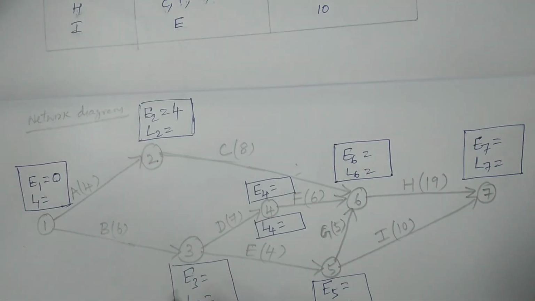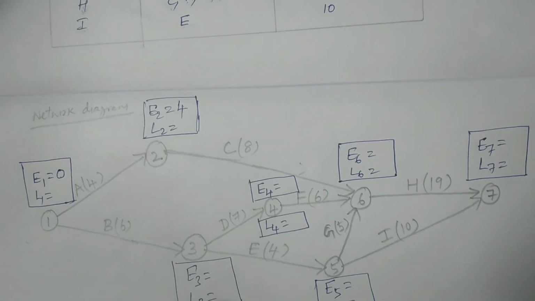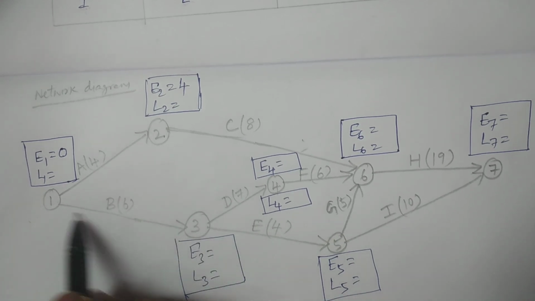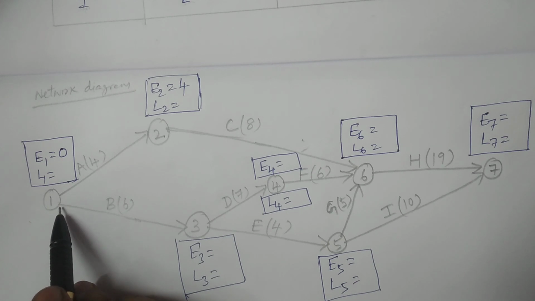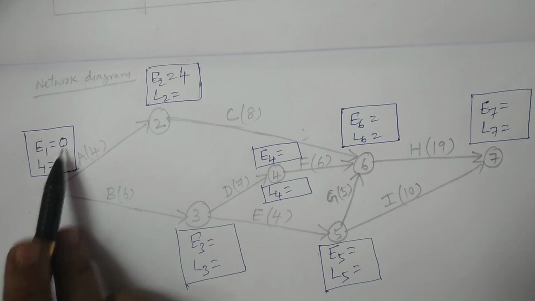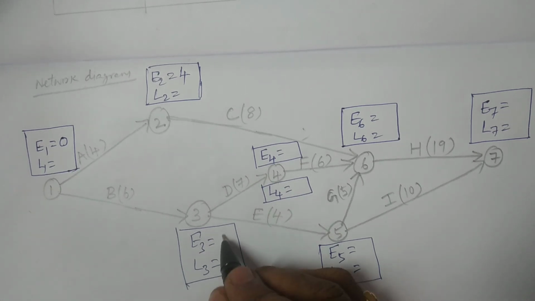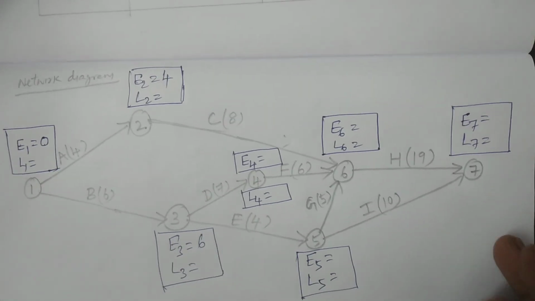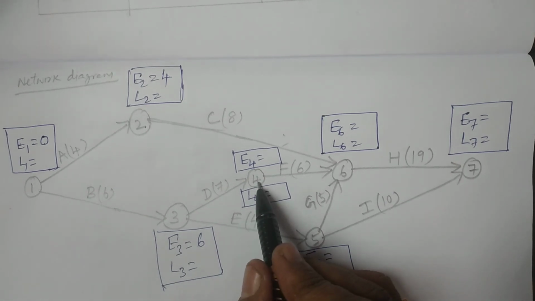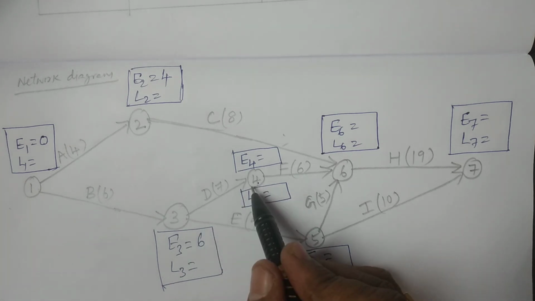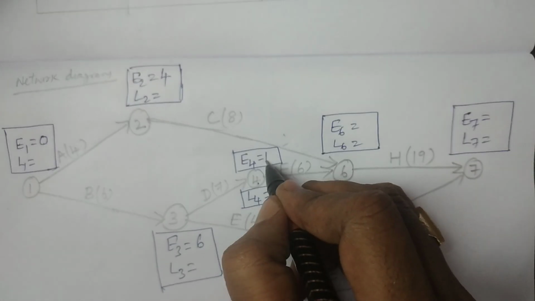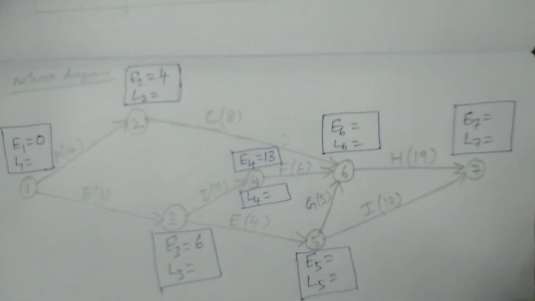Then you move to the third event, again only one connector, 0 plus 6 is 6, and then move to the fourth event, E4. Again only one connector, 6 plus 7, 13.